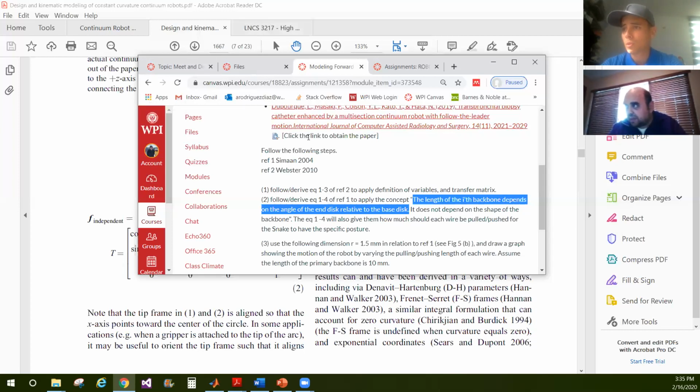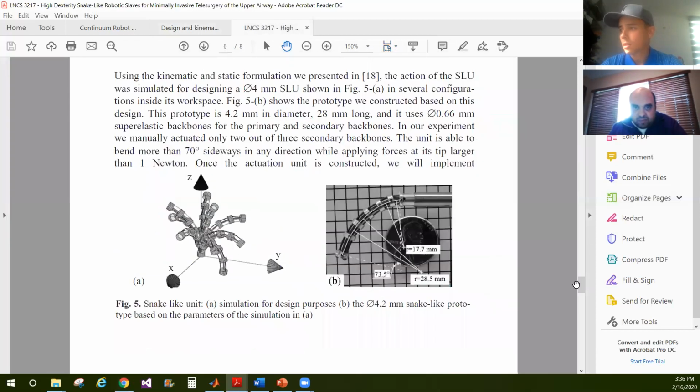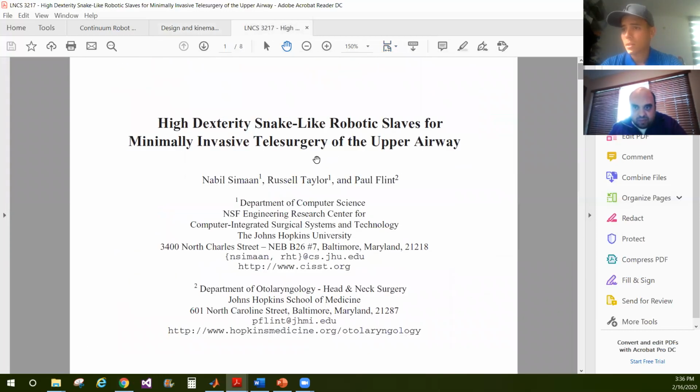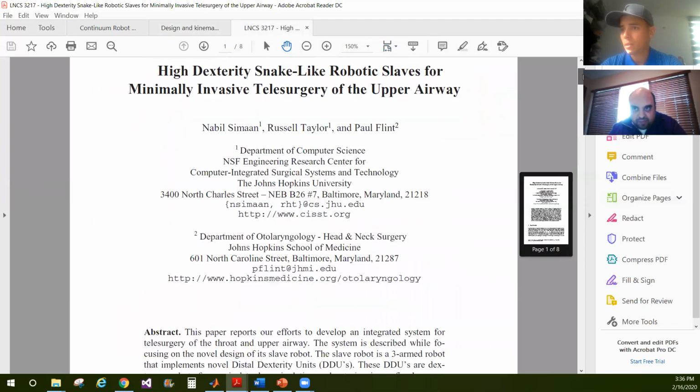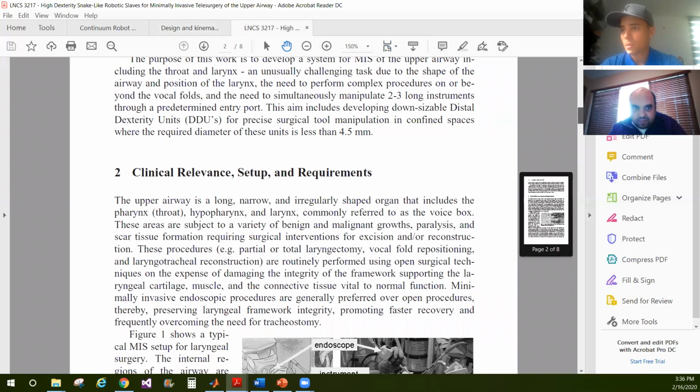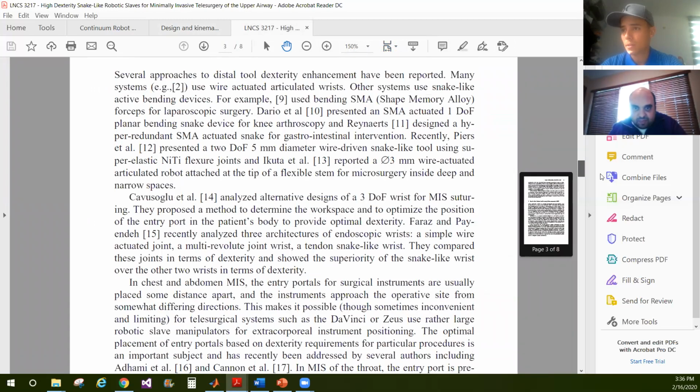Yeah, so reference 2 would be the Seaman one. Reference 1. So Seaman is reference 1. Let me go up. So Nabil Seaman, high dexterity snake-like robot. And then there should be an equation 1 here.